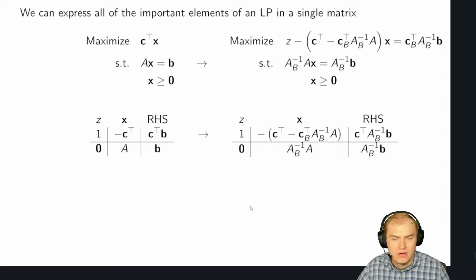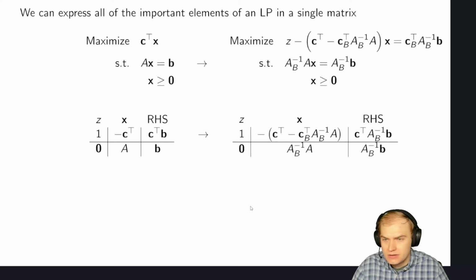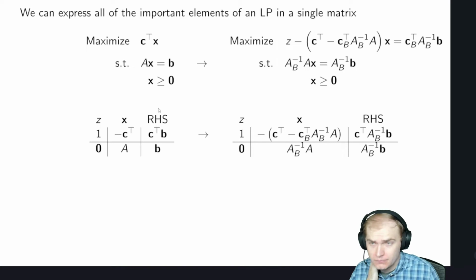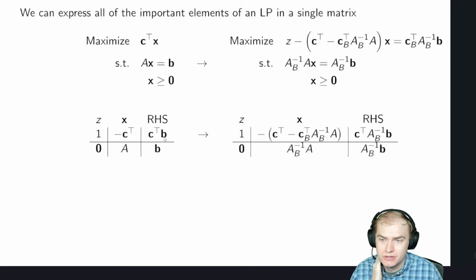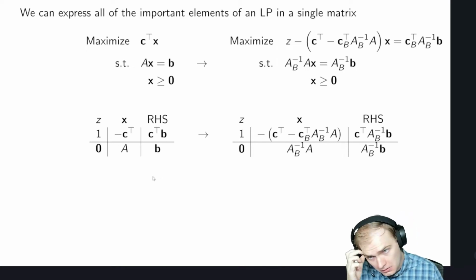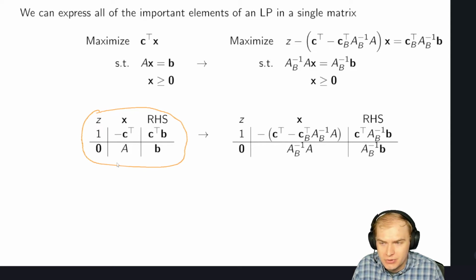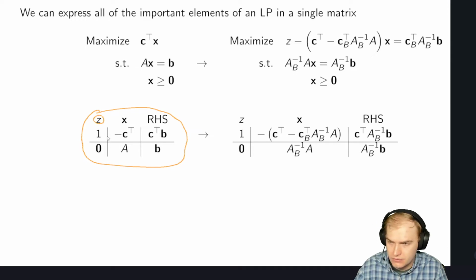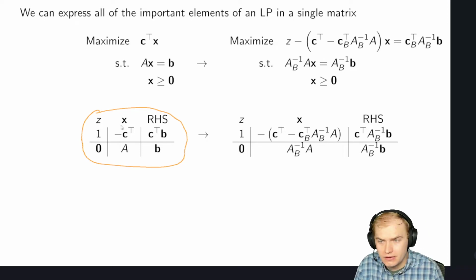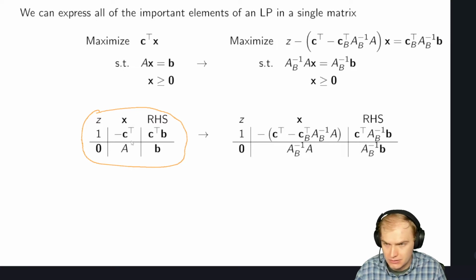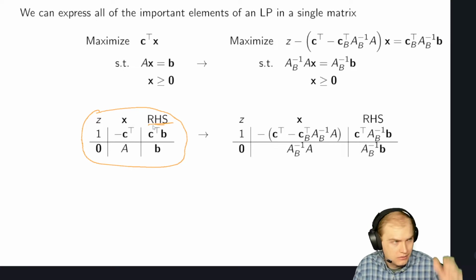So let's take our LP, and we're just going to bunch it into one matrix. Now, this is a slightly abstract way of describing a matrix, but we're going to have a section for the new z variable, all of our decision variables and slack variables, and then the right-hand side of all of our equations.